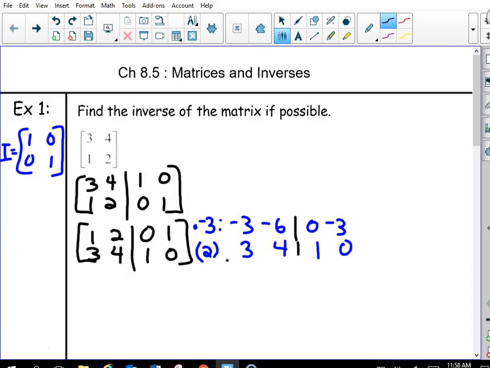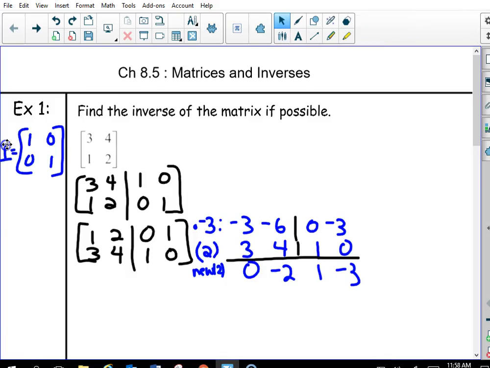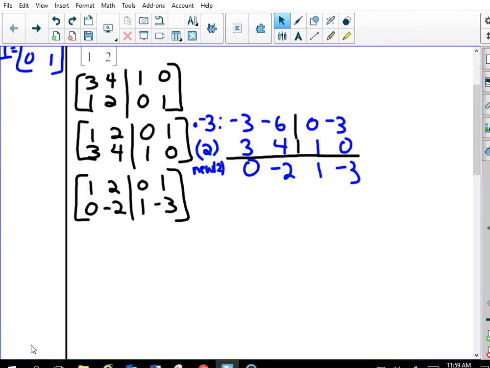And when I combine those, I'm going to get my new row 2. That will have a 0 exactly where I want it. Okay, I'm going to turn the video off and on, otherwise it's going to be a very long video while I rewrite stuff. So you can see that I copied that new row 2 into the matrix.